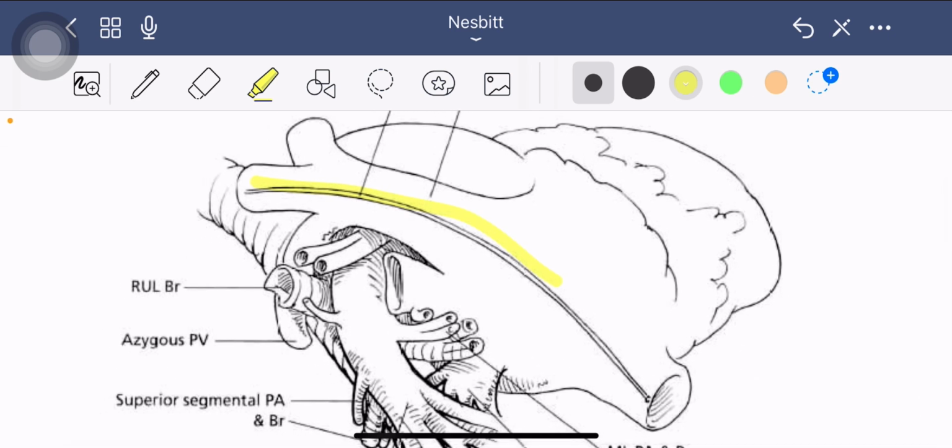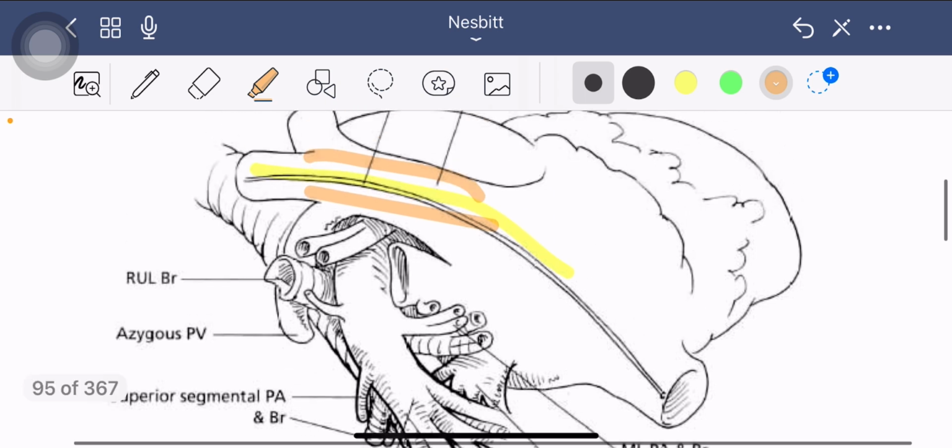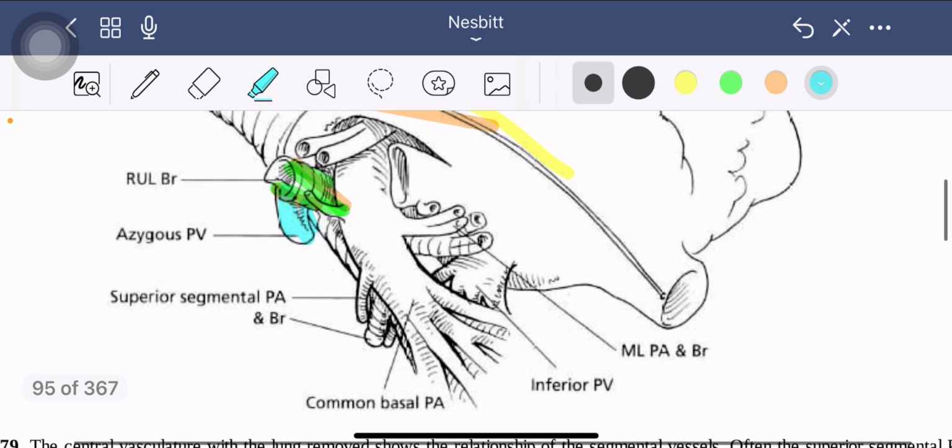And this is the phrenic nerve, and this is the superior vena cava, and this is the right upper lobe bronchus.